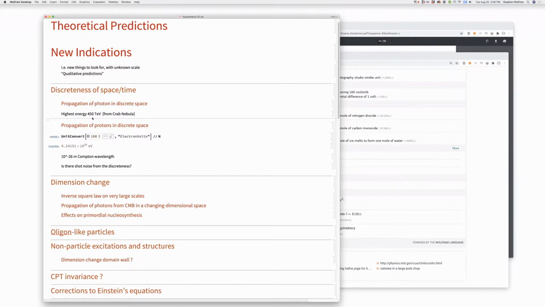All right, so we got reasonable energy particles propagating through the universe. For example, at around 10 to the 20th electron volts, you start getting scattering off the cosmic microwave background of protons.